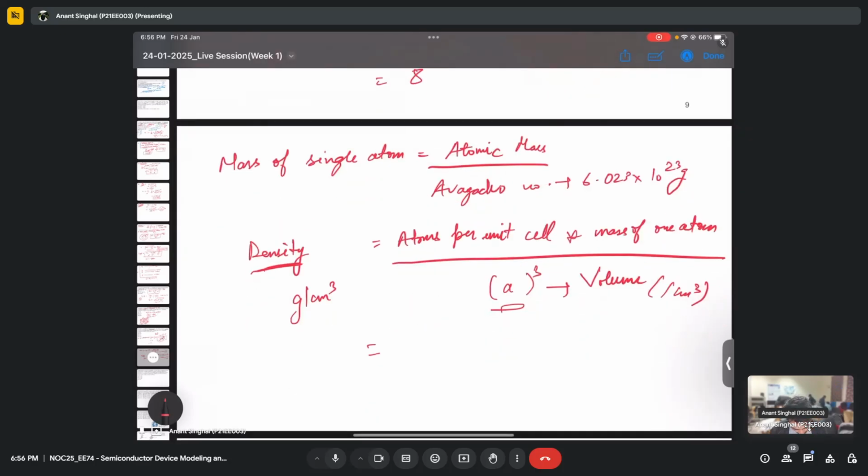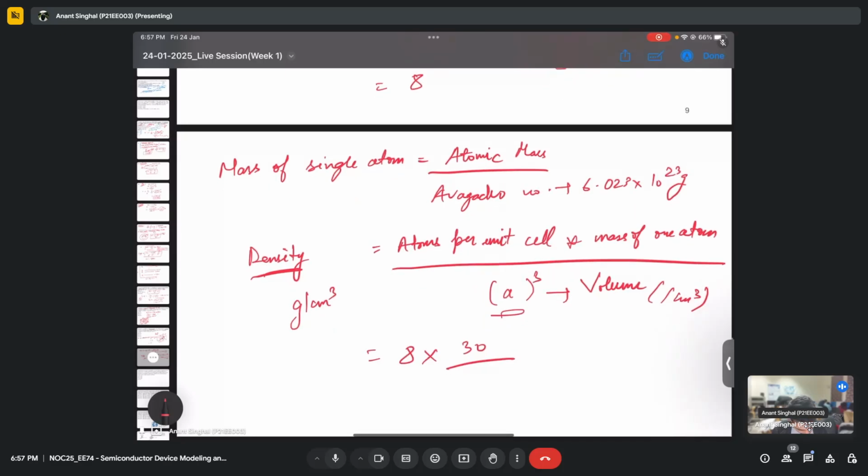Yep, thank you. So I can just write 8 times the mass of one atom. Atomic mass is 30 for diamond. I guess I did not tell it, or it is given in the question, divided by Avogadro number, which is 10 raised to 23, divided by A cube.